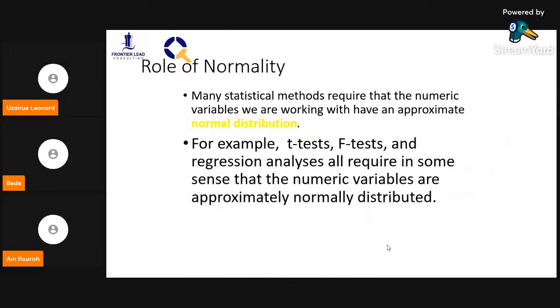Now, examples of tests that require numeric data, like we said, we have the t-test, then we have the F-test, which is also referred to as ANOVA, then we have the regression. It means that any time that you want to use any of these categories of tests, you must do normality test on them.